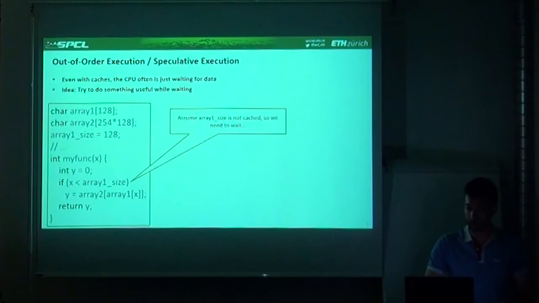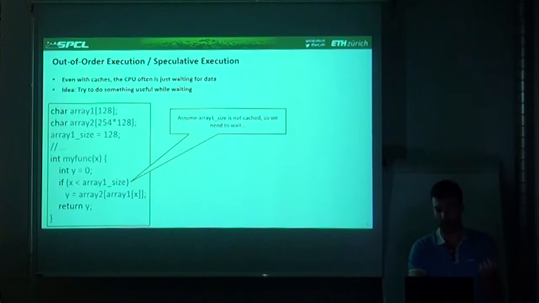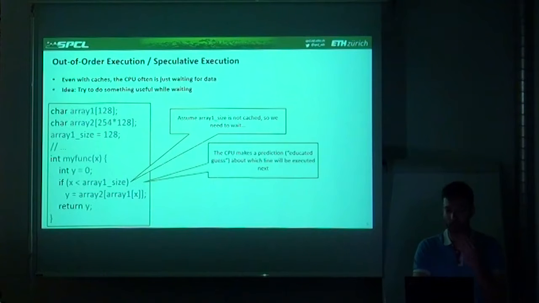And the problem is if we encounter this comparison and array1_size is not in the cache, then we have to wait a long time for this value to arrive. What the CPU does in the meantime is it says, well, let me take an educated guess what will be the next instruction.